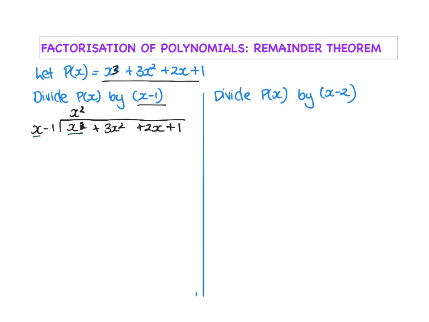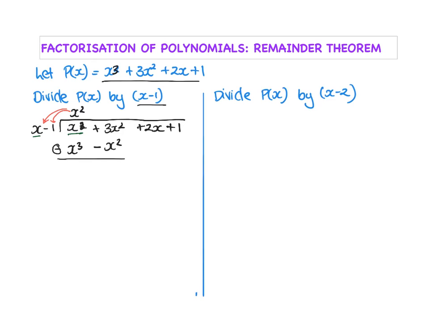Once you get that number on the top, the x squared, you multiply it with everything in this linear expression. So x squared times x is x cubed, and what's x squared times negative 1? Negative x squared. Good. Now you've done that, you're going to minus that.